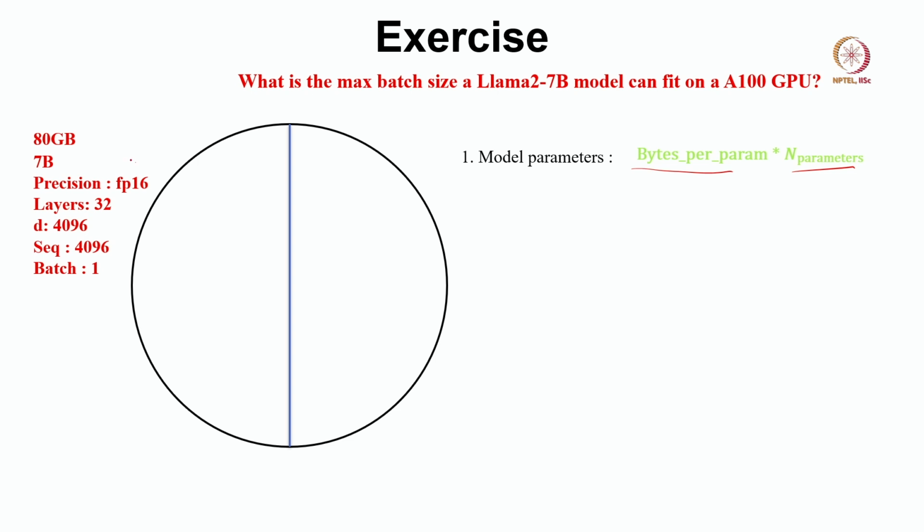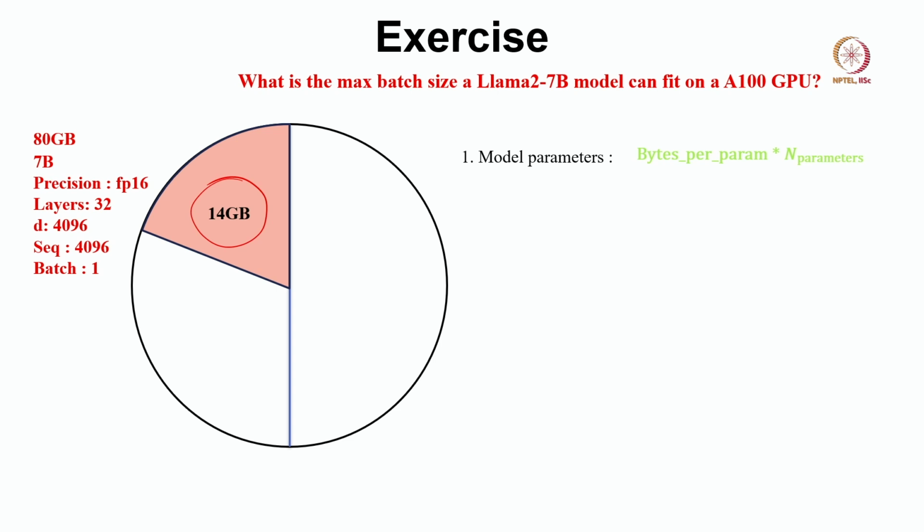Since we are talking about FP16 precision, a 16-bit number for all weights and activations, we will have 2 bytes each. Now since we have 7 billion parameters, we will have 14 billion bytes, that is 14 gigabytes. So this 14 gigabytes is required for storing the weights of the Llama 2 7 billion parameter model.